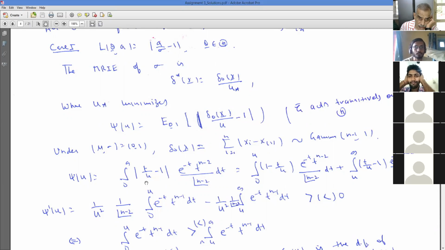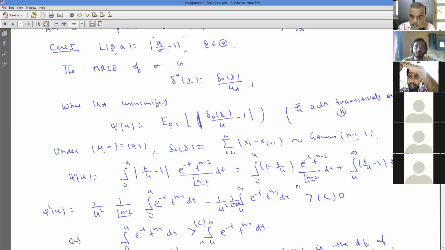So I have to get rid of this modulus. I can get rid of it only when I know whether t is less than u or t is greater than u. Now u I'm taking to be positive. So when t is less than u, that means t by u is less than 1, so the modulus would be 1 minus t by u, times e to power minus t, t to power n minus 2, by factorial n minus 2.